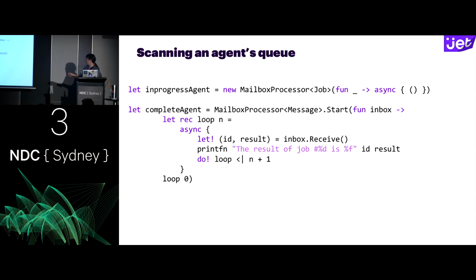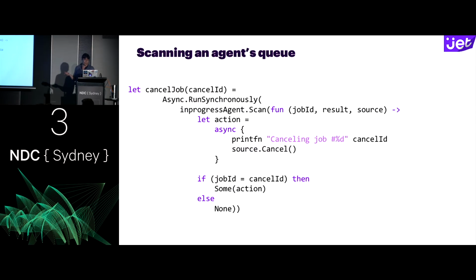When they're completed, we have the same recursive loop, we have our async, and we have an ID and a result coming in for the receive. This is what we'll print out when it actually finishes. For the actual cancel job, we'll contact the in-progress agent and do a scan, which scans the entire queue, sees what's there, and sees what options there are.